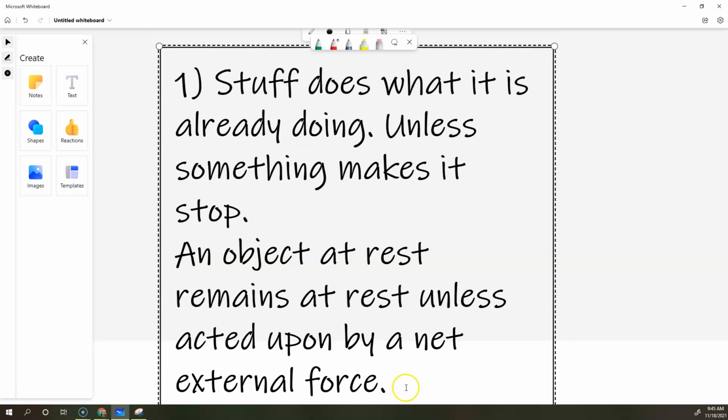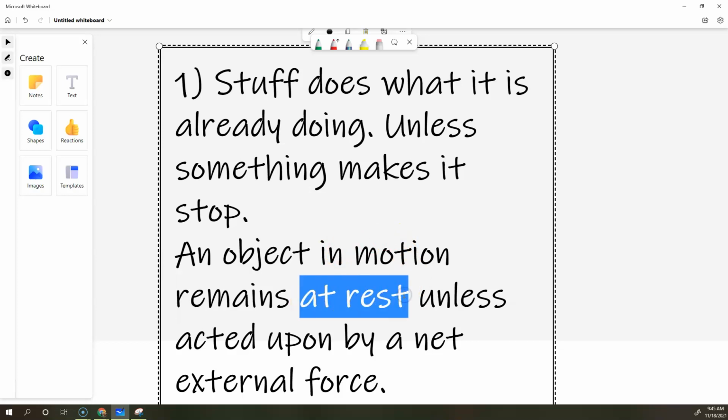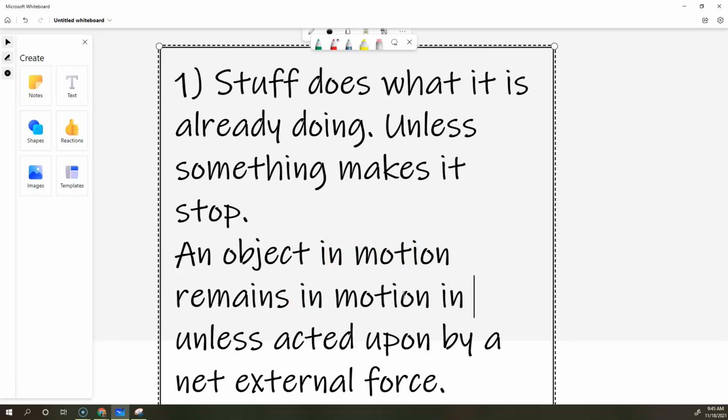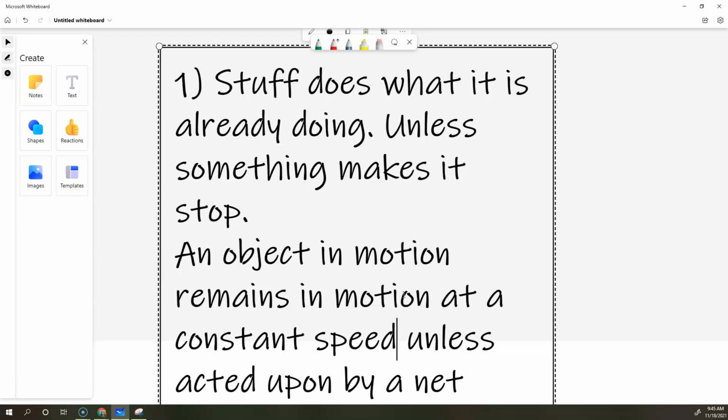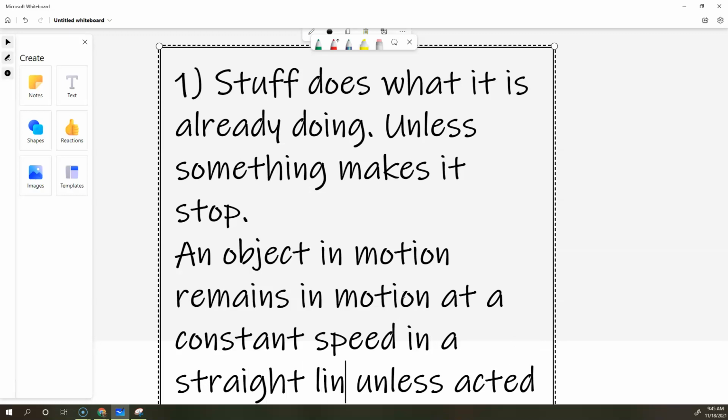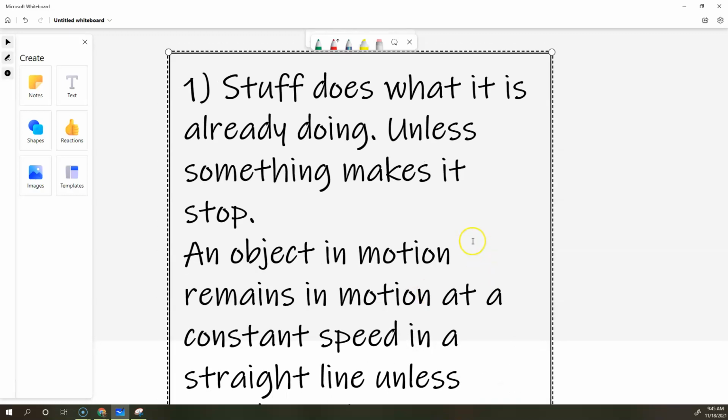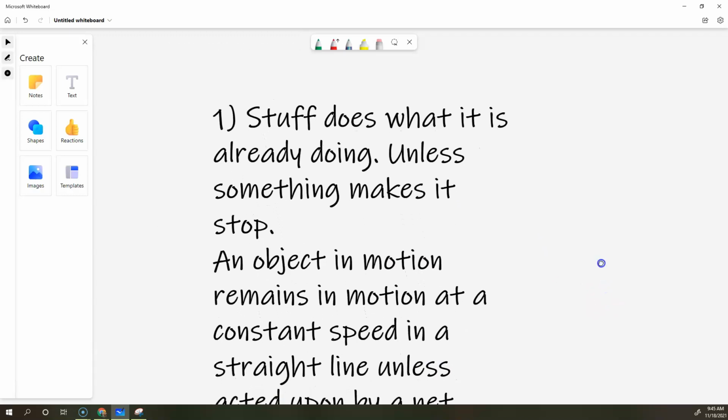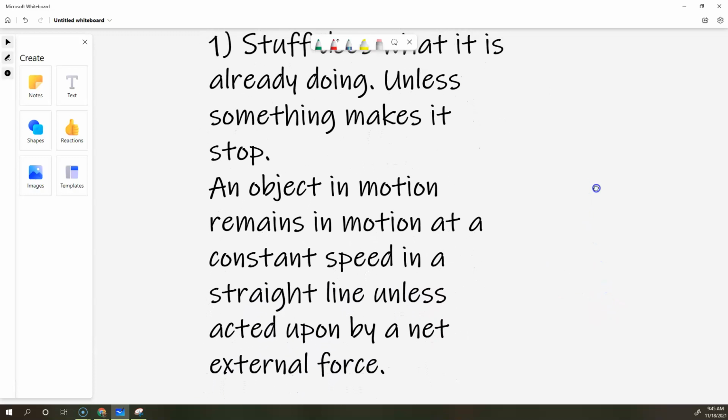What else does it say? Well, it also says an object in motion remains in motion at a constant speed in a straight line unless acted upon by a net external force.